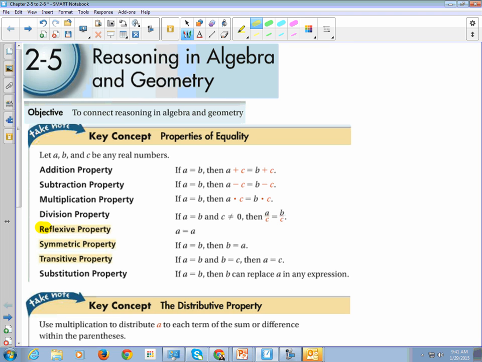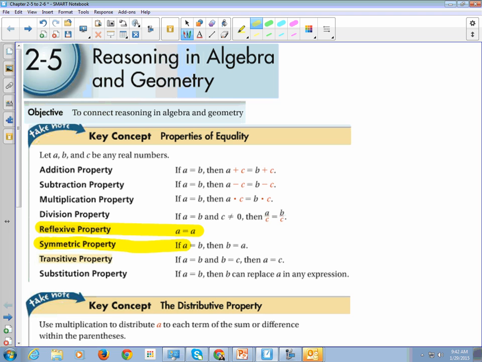Two properties we're going to highlight are the reflexive property. It may seem silly to say that A is equal to A, or 7 is equal to 7, or angle A is equal to angle A, but we're actually going to use that as a justification in our different proofs. So bear with me.